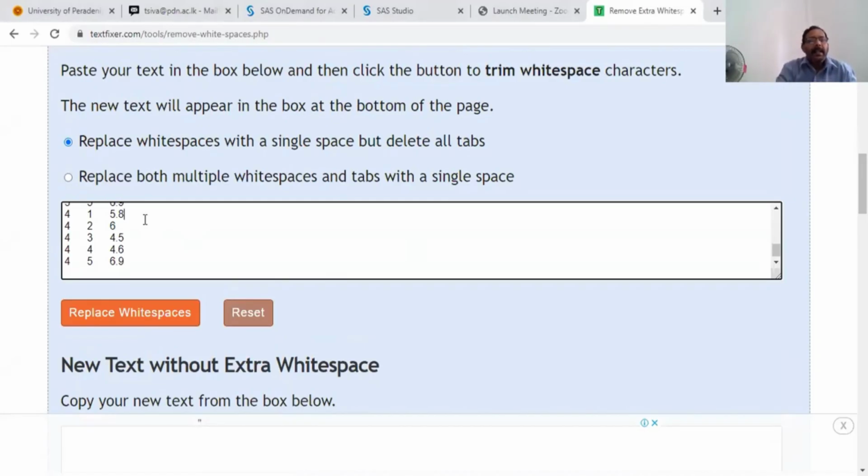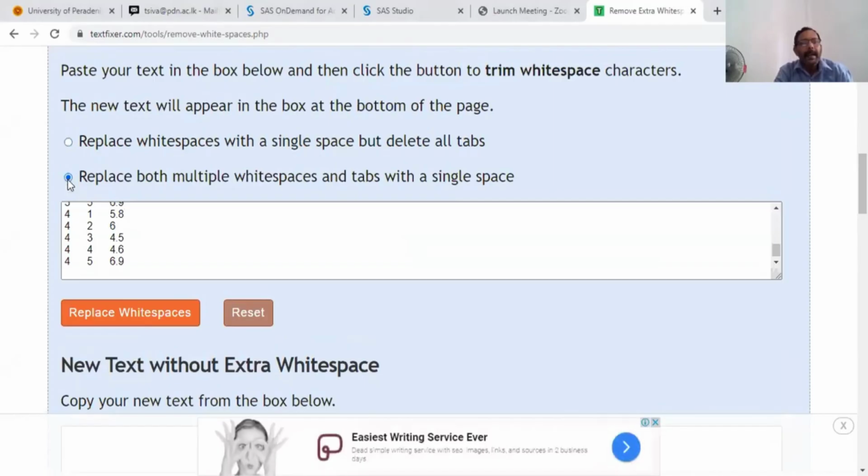Then, not the first icon, click the second icon, replace both multiple white spaces and tabs with a single space. This is the problem, the spacing problem. Click that.